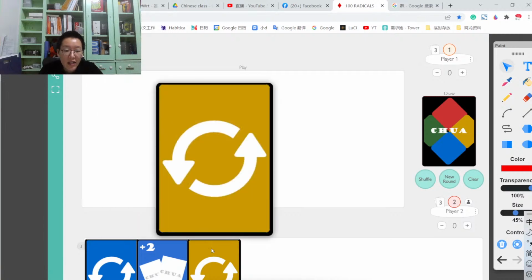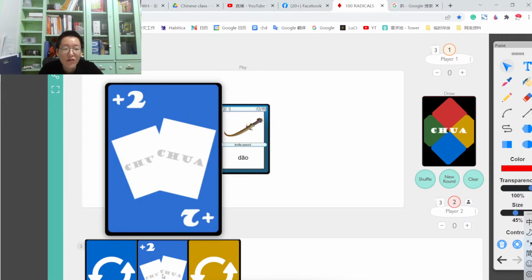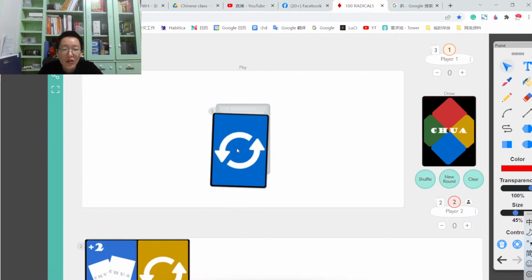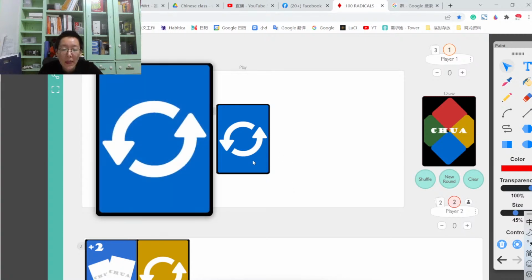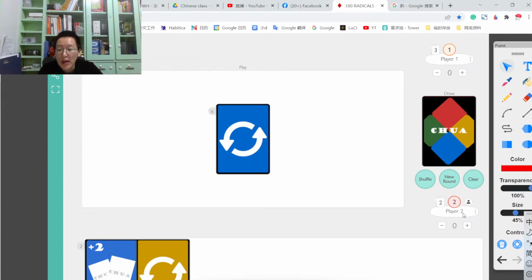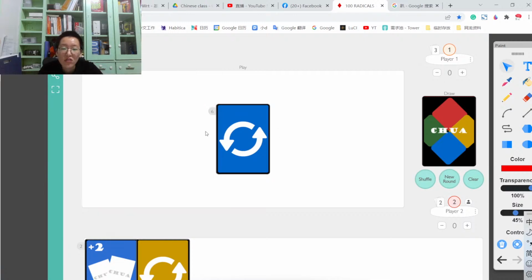And then I don't have any more word cards, but I have function cards. Okay, so I can play these cards first. These cards mean reverse, change the direction. But now because we only have 2 players, if I change the direction, that means it's still me to play. But if there are 3 or 4 players, then we can change the direction.